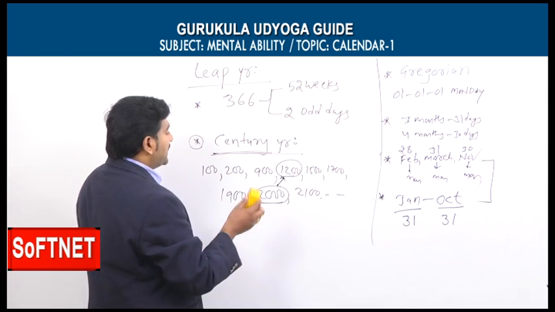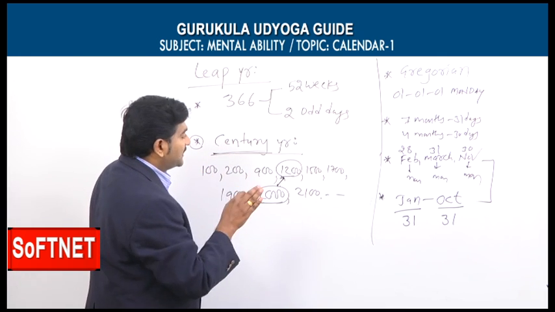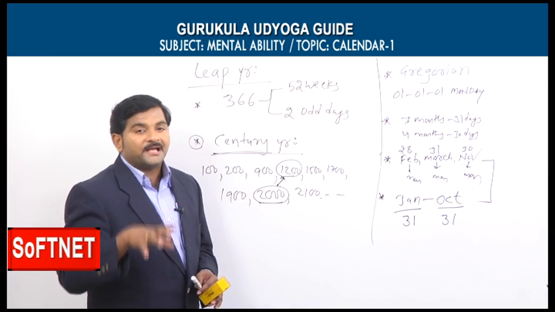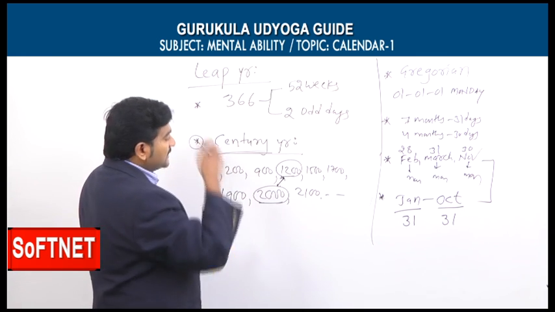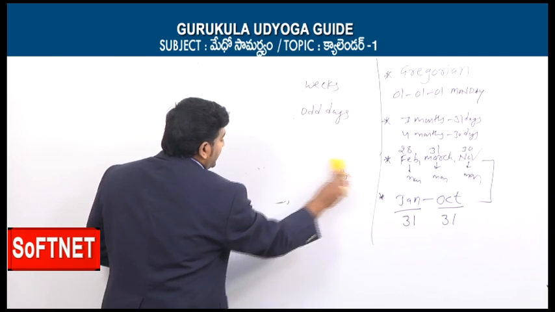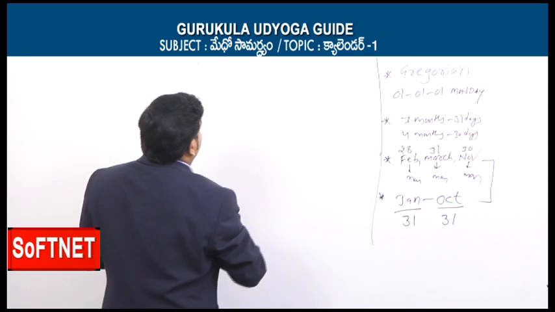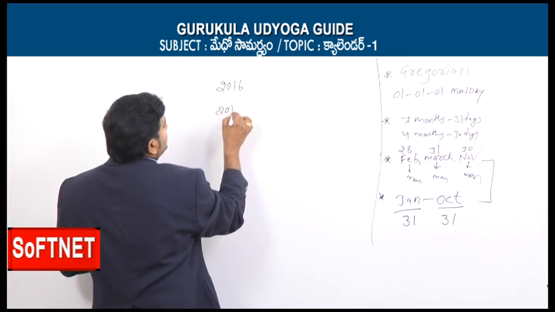So now by using the concept of odd days and the century year, we can say by observation which year is leap year and which year is non-leap year. So now we'll focus on that part. For example, I am taking 2016 and 2017.